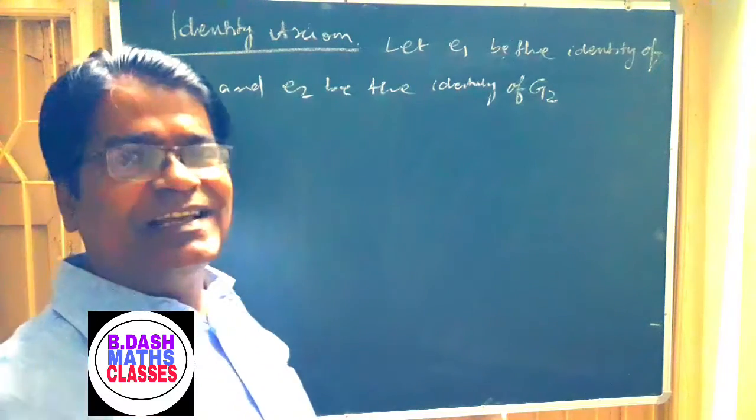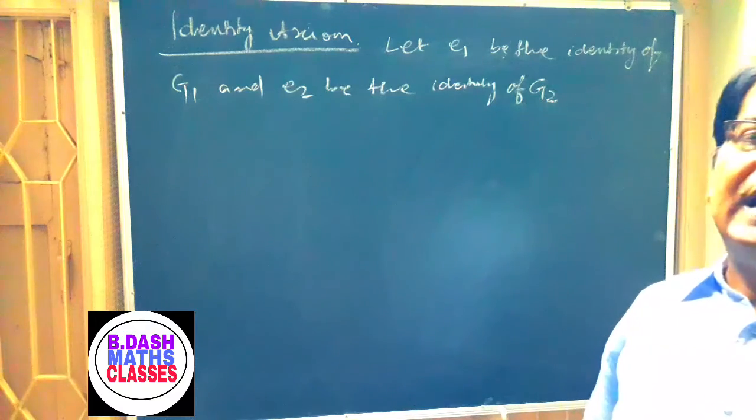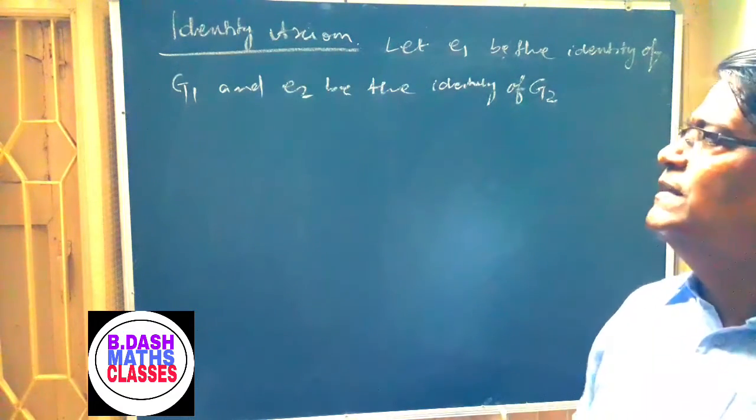So we are choosing here e1 as the identity element of G1 and e2 as the identity element of G2.